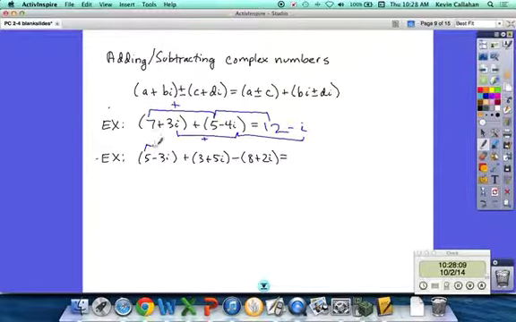5 plus 3 minus 8 is 0. Right. How about the imaginary part? How many i's do we have if it's negative 3i plus 5i plus 2i?